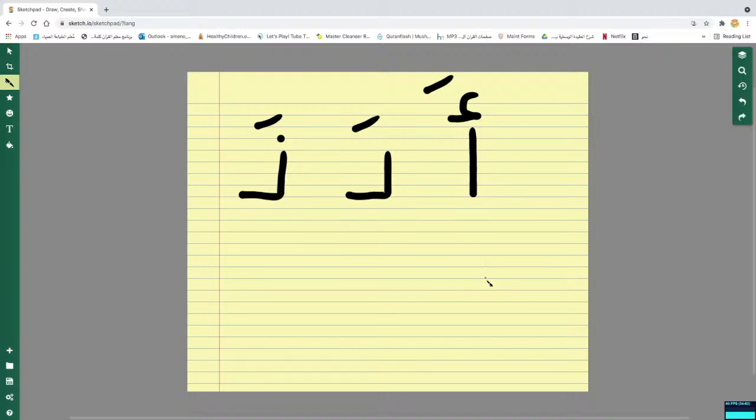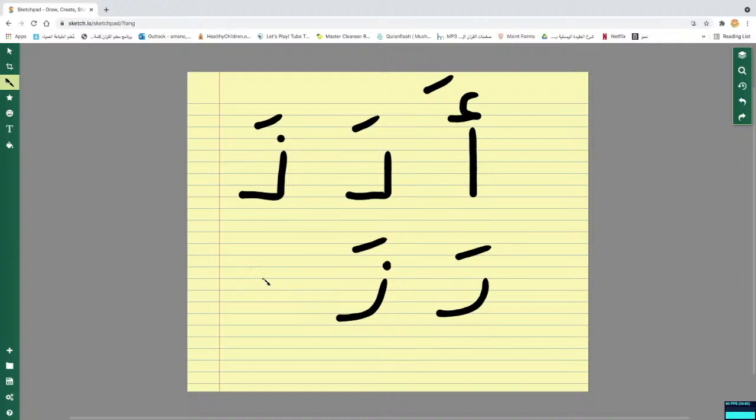So we have A, Da, and The. Next I have Ra. It looks like a banana. Okay? It looks like a banana with a Fatha. Ra. And then next I have Za. Okay? Which is the twin of Ra. Looks like a banana with a dot. And then our friendly Fatha.